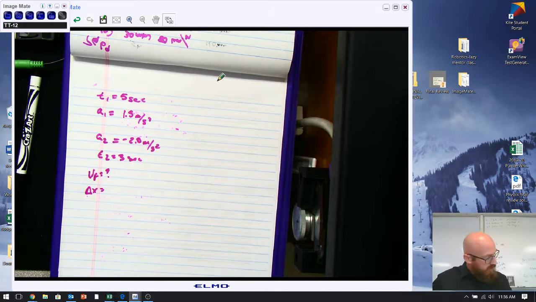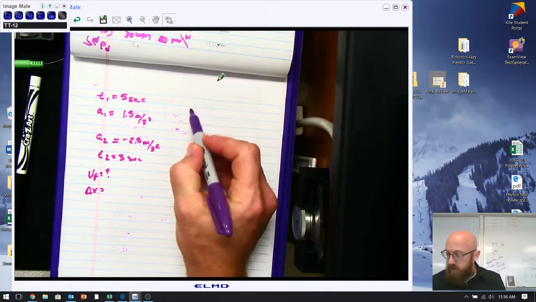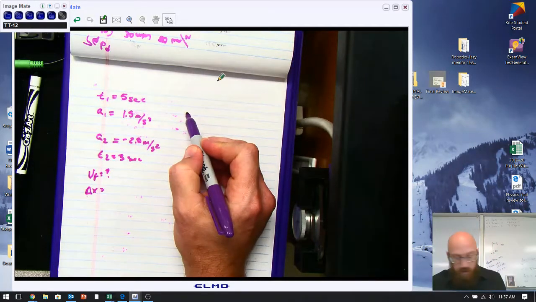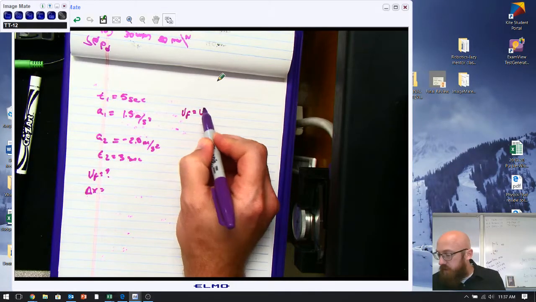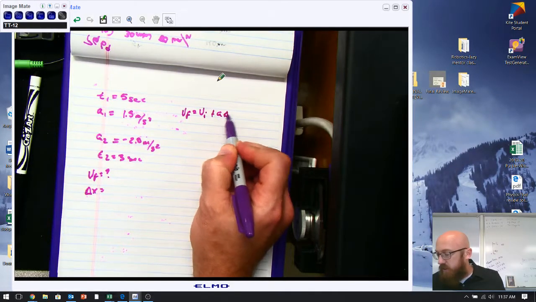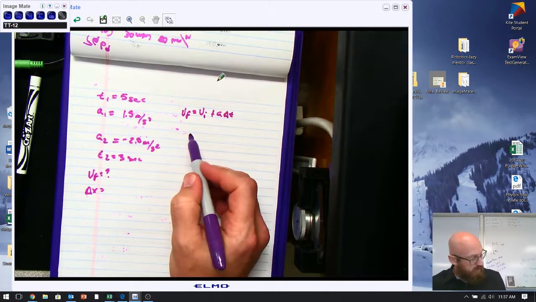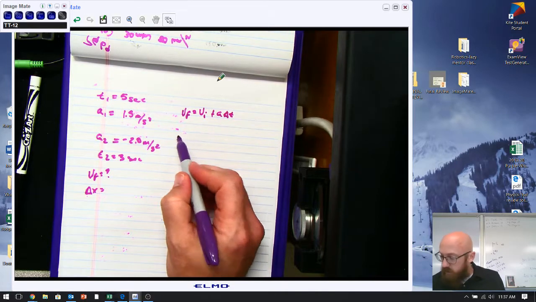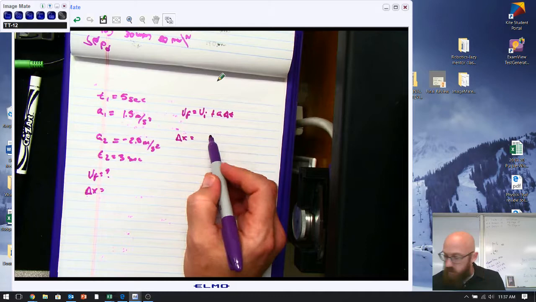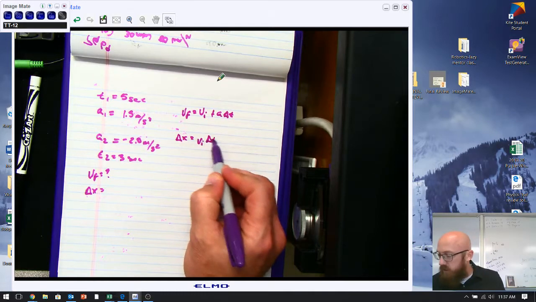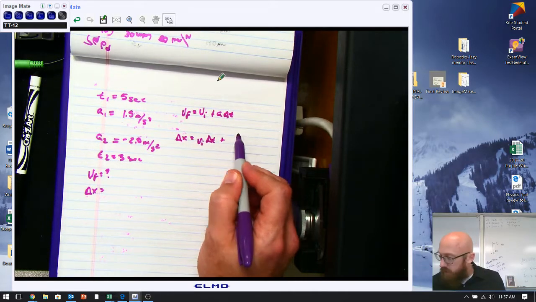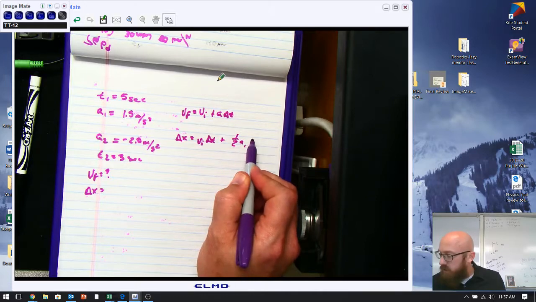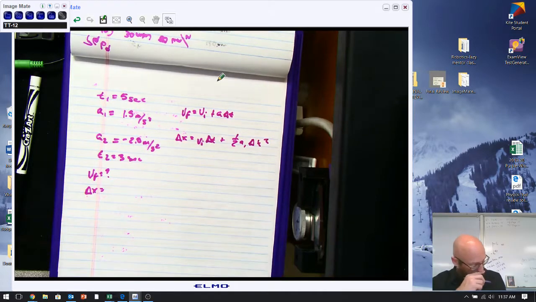The easiest equation you can use, from my list: since we don't have final velocity, VF equals VI plus a delta t. Also, you're going to want the distance, so delta x equals VI delta t plus 1/2 a delta t squared.